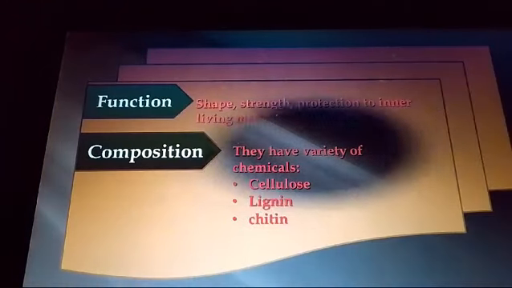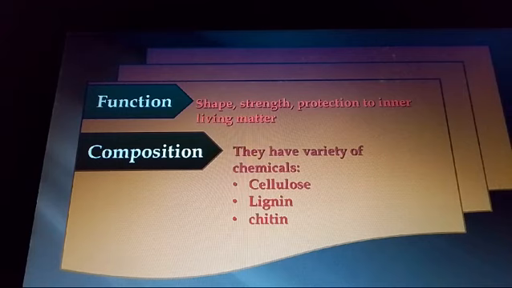Now come towards its function. The main function of the cell wall is it provides shape to the cell, strength, and protects the inner living matter of the cell. And as far as composition is concerned, it is made up of different types of chemicals, which are cellulose, lignin, and chitin. So this is the chemical composition of the cell wall.